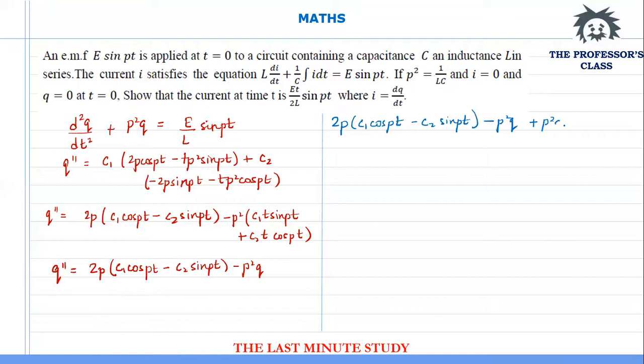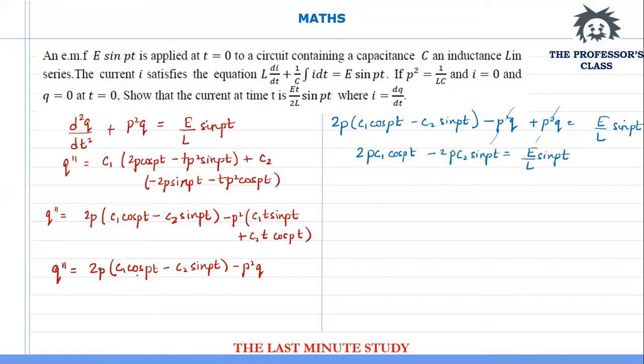Then p square q is equal to el sin pt. Now over here, these two terms will get cancelled. Right. So I'll be left with 2p c1 cos pt minus 2p c2 sin pt is equal to el sin pt.